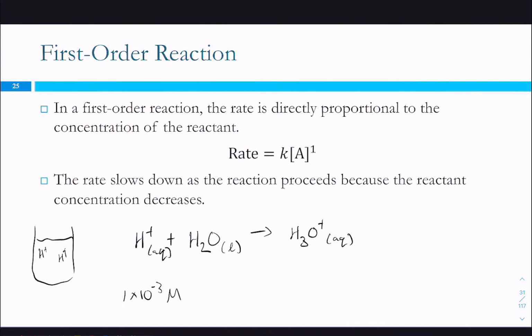So even as that H plus is reacting with the water, the concentration of the water doesn't change. So it doesn't have any effect on the rate, but the concentration of the H plus will decrease noticeably, and that will be the only thing affecting the way that reaction slows down.